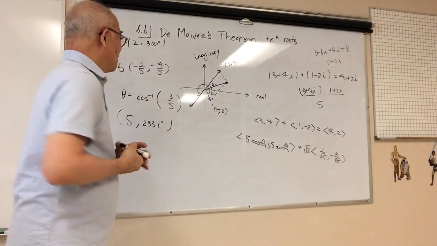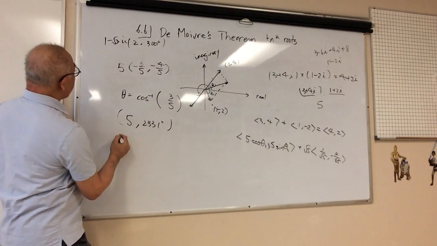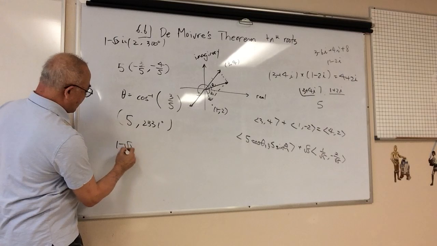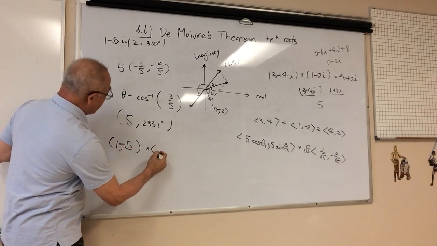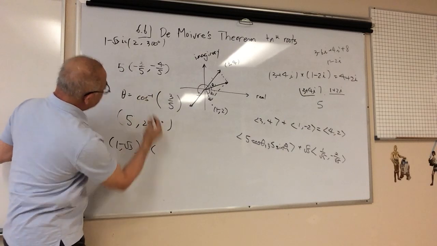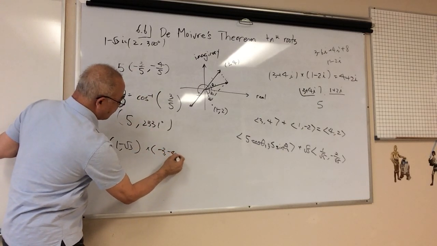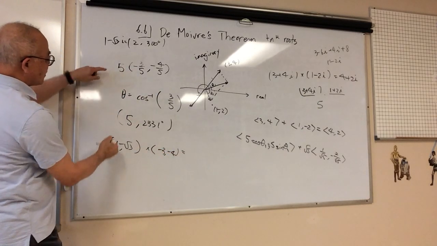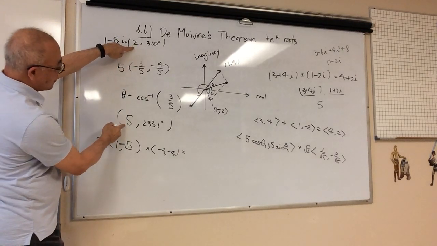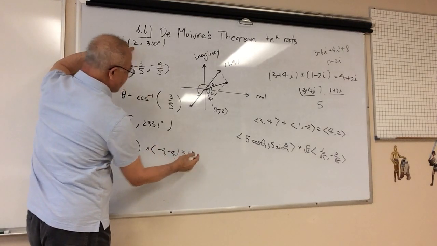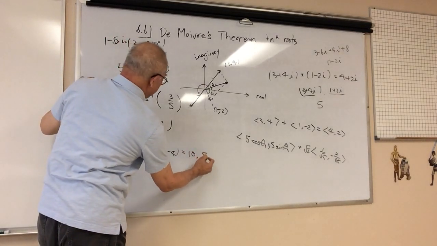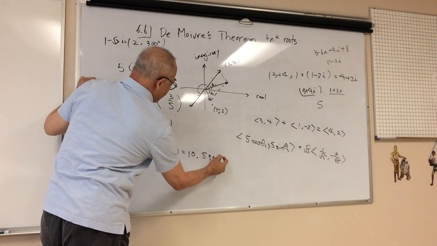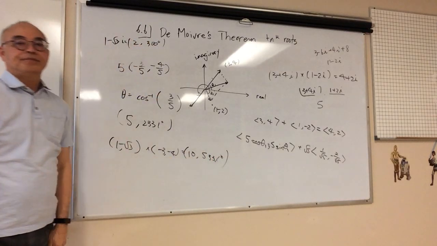So now, if I have 1 and negative 3, and you ask me to multiply this by this guy here, which has negative 3 and negative 4, I merely take the 2 and the 5, multiply them together, get 10. I add these two angles together to get 533.1 degrees. That's it.